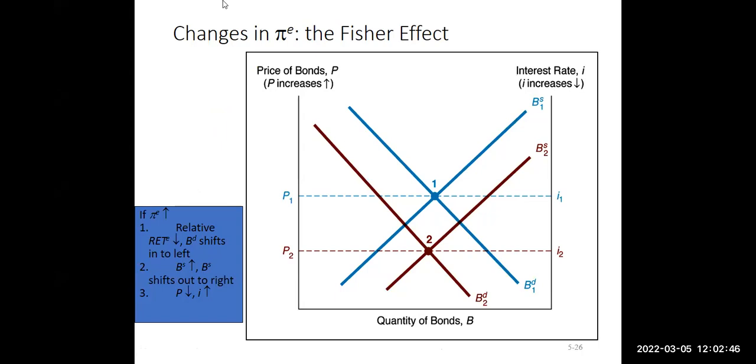Expected inflation is shifting both curves, demand curve as well as supply curve. Yes sir. Expected inflation is affecting both demand curve of the bond and supply curve of the bond.